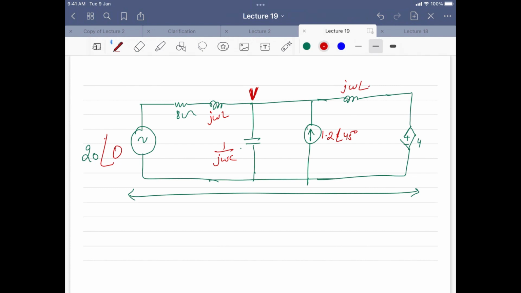So this is L2, this is L1, and this is now bold V, A rather, here.